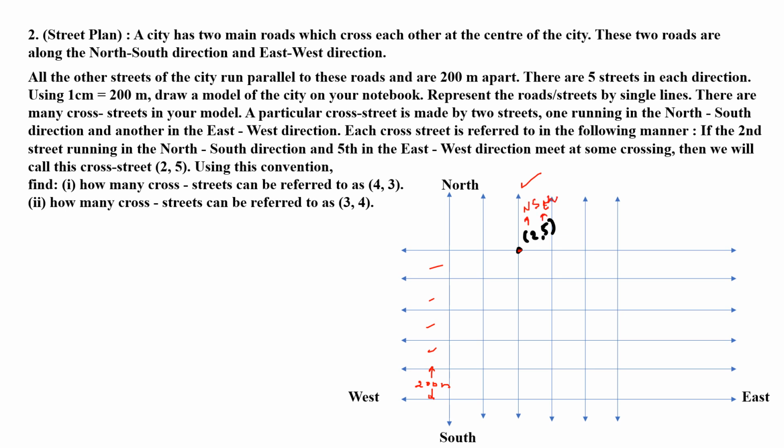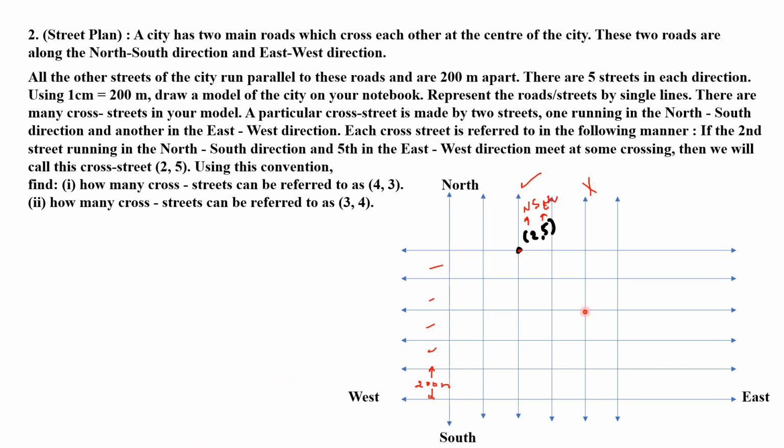Now in this way you have to follow this convention and then locate how many cross streets can be referred to as 4, 3. So first you locate where is 4, 3. First is 4, so the fourth street in the north-south: 1, 2, 3, 4. This is my 4th street. Then the 3rd street in the east-west direction: 1, 2, 3.